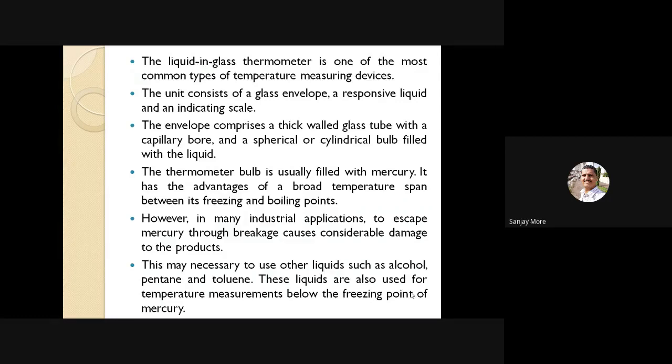These liquids are also used for temperature measurement below the freezing point of the mercury.